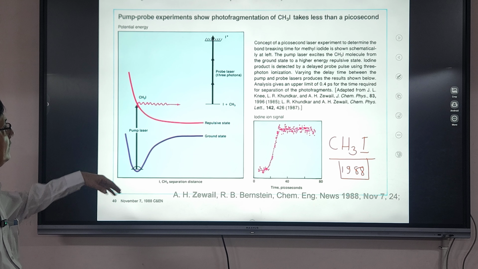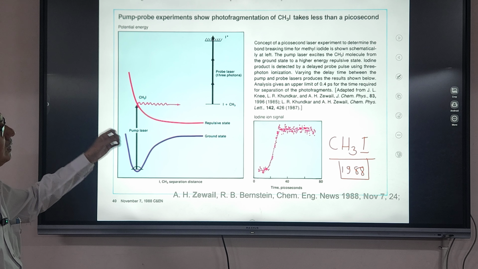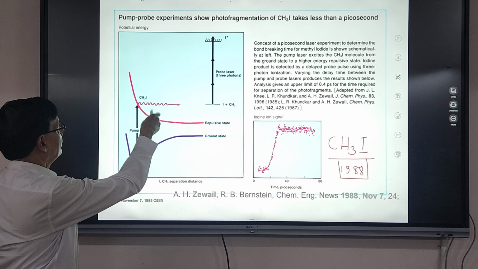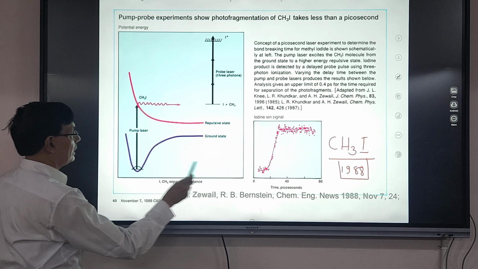So you see, now you can understand, any M.Sc. student can redraw these things. Nothing difficult. So you see, it is the ground state, pump laser. So it is an excited state. Then again, this is the probe laser.